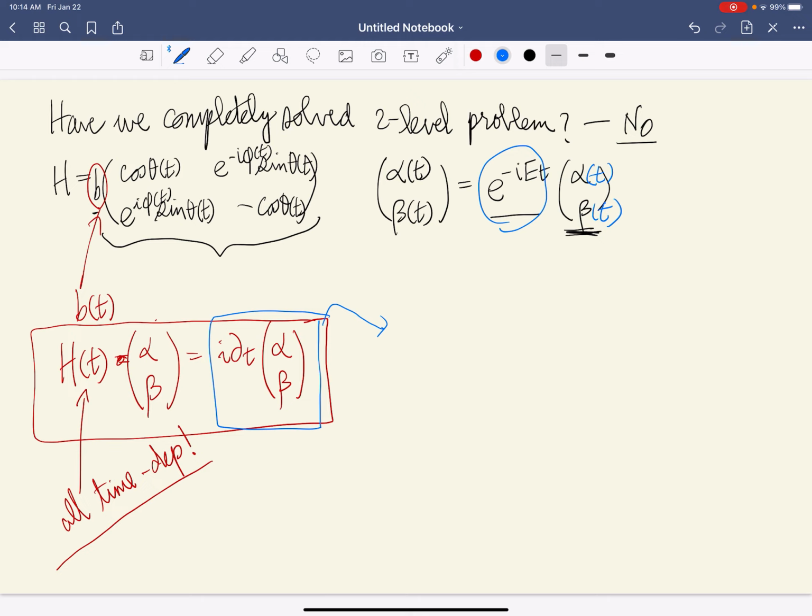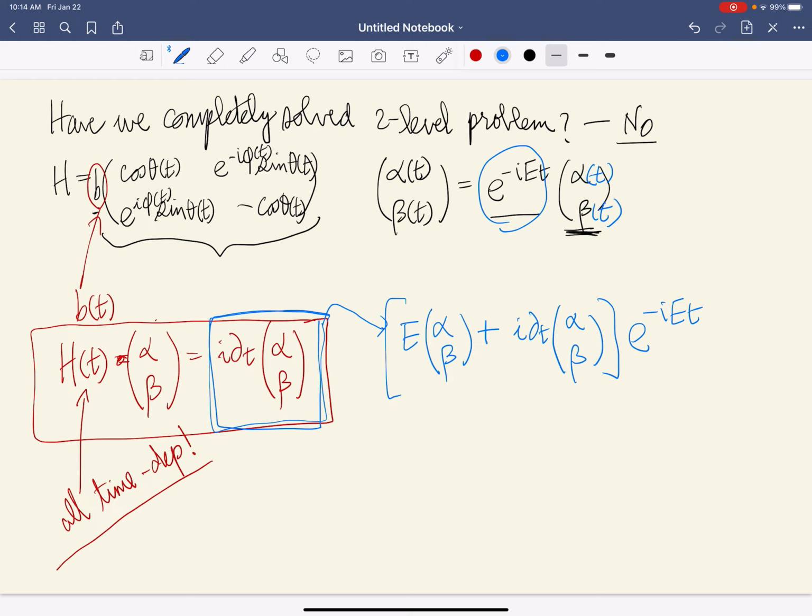So therefore, then this time derivative thing becomes this times alpha beta plus i delta t acting on alpha beta, multiplied by the phase factor.